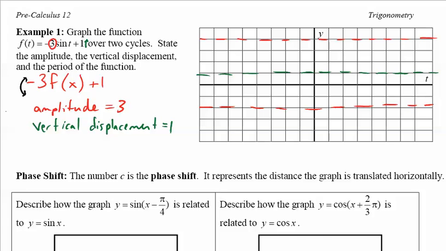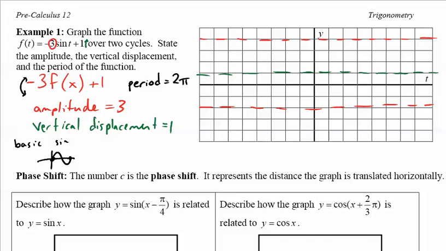Now all I need to know is, what does my basic sine look like? I know my basic sine starts at 0, 0, and then it does one wave up and then back again. The period of that is 2 pi. And the period of this function has not changed. It's also 2 pi.